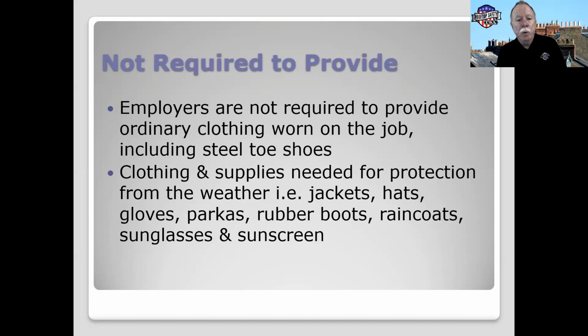Ordinary clothing worn on the job, including steel-toe shoes, are not required to be provided by the employer, and neither are any clothing and supplies needed for protection from the weather: jackets, hats, gloves, rubber boots, raincoats, sunglasses, and sunscreen. These are considered normal items that the employee would have and can provide. Therefore, the employer is not required to provide those.